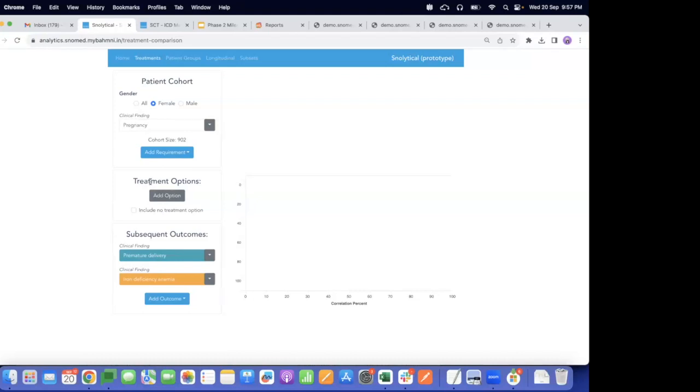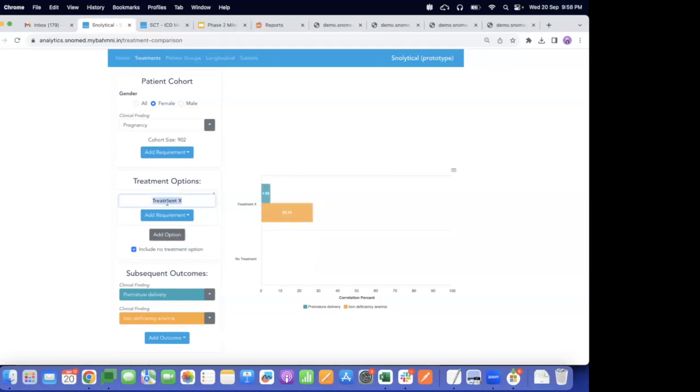So we want to measure that against the ones which we have administered these supplements. So let's say we want to include that no treatment option as well. And here let me name it prenatal supplements and add the medications, right?